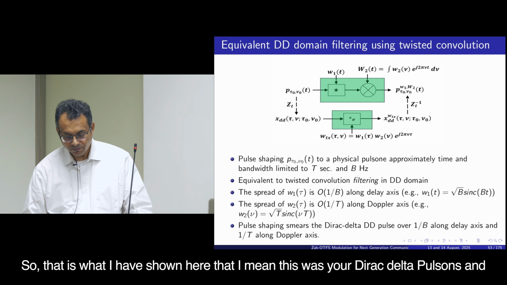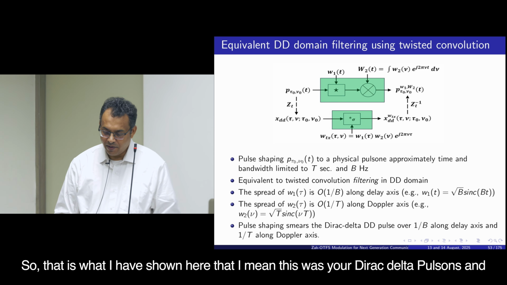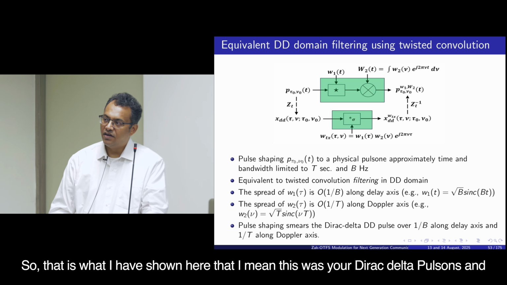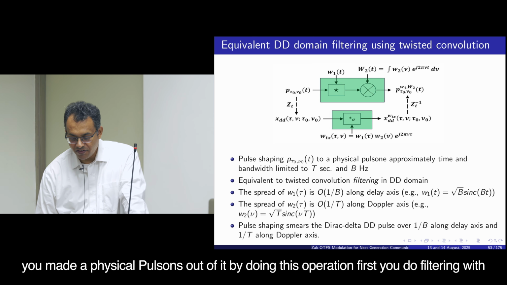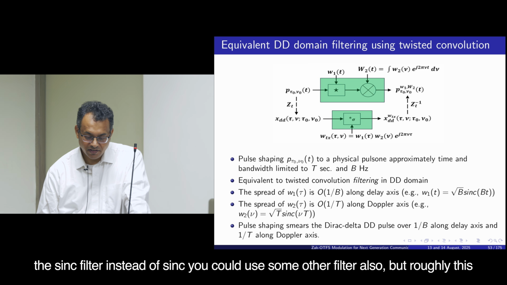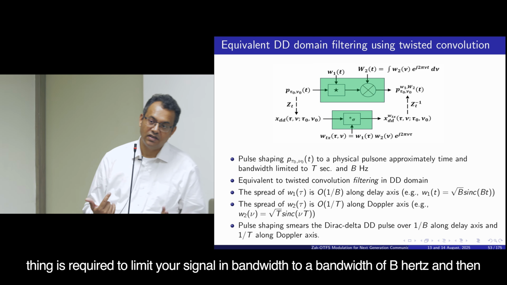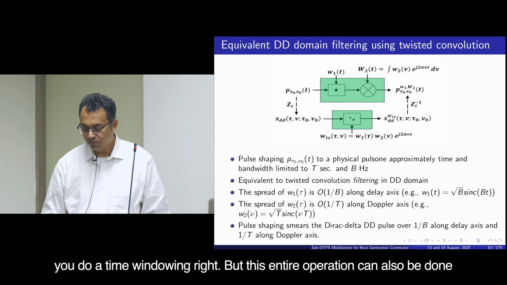Okay. So, that is what I have shown here: this was your Dirac delta pulse-on and you made a physical pulse-on out of it by doing this operation. First you do filtering with the sinc filter. Instead of sinc you could use some other filter also, but roughly this is required to limit your signal in bandwidth to B hertz, and then you do a time windowing.